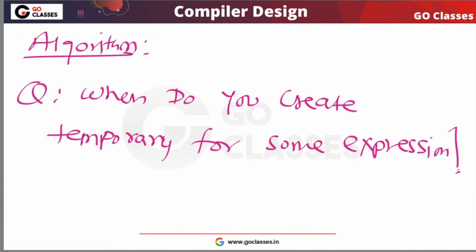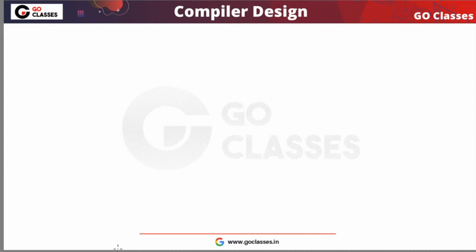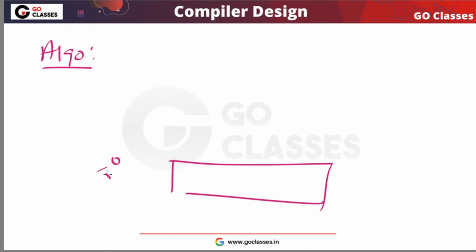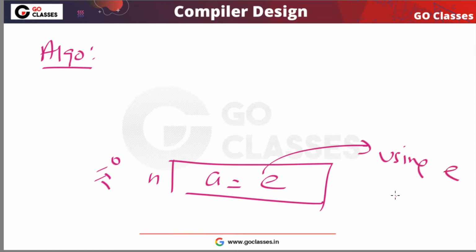Do you remember the algorithm? I told you the algorithm. I told you that you are at this point, and that you are using this expression e. Now let us assume e is already available.